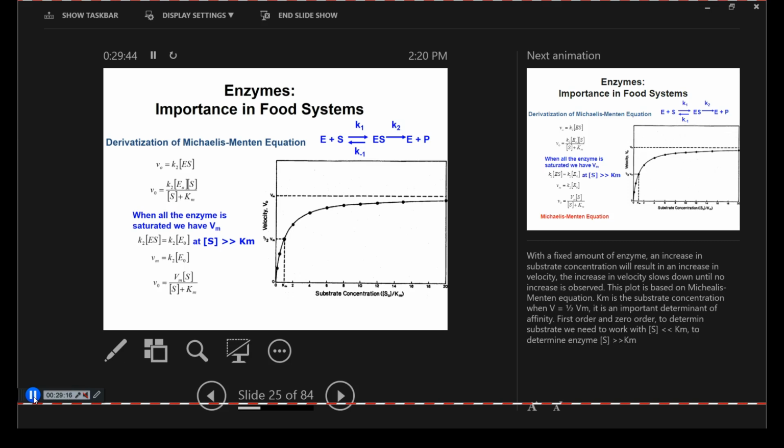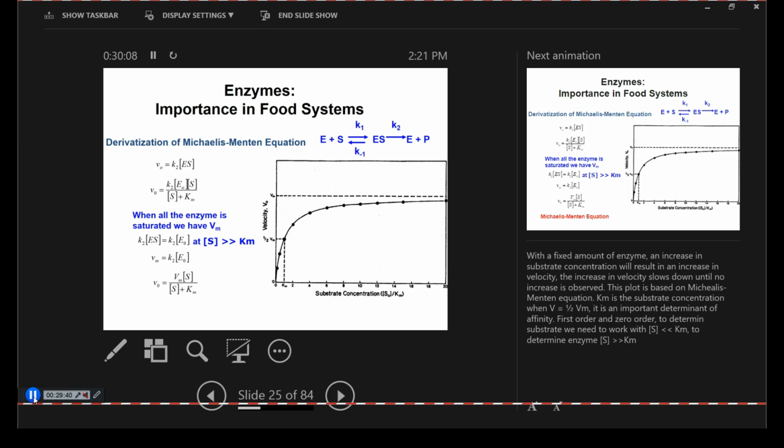So K2 into enzyme total is now Vmax, right? So did you follow how this Vmax became here? It becomes here because at Vmax, all of the enzyme is in this form. So K2 into enzyme concentration total gives me Vmax.